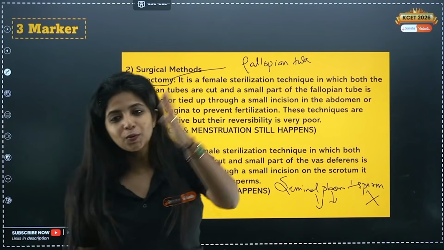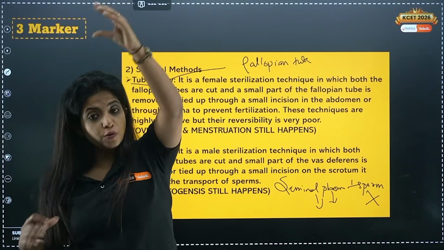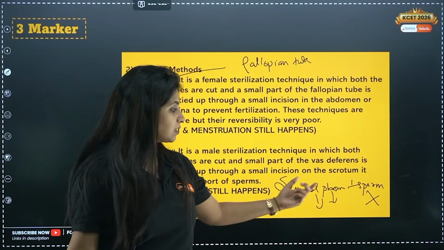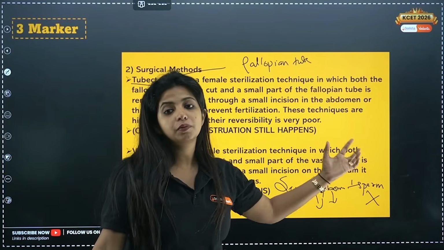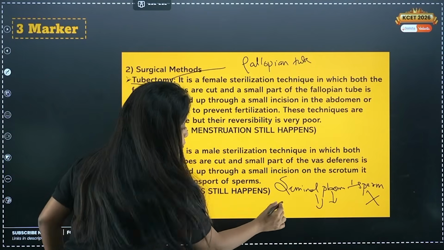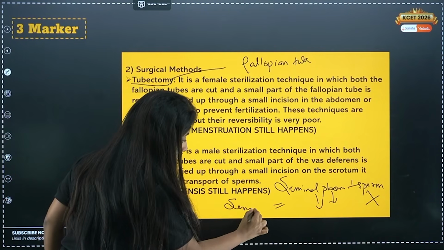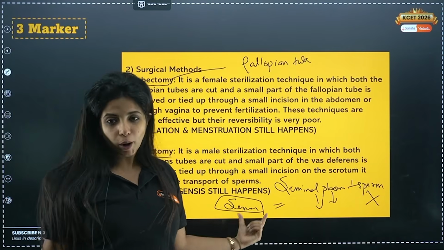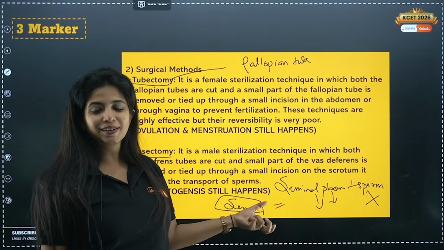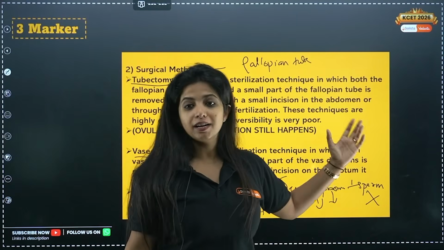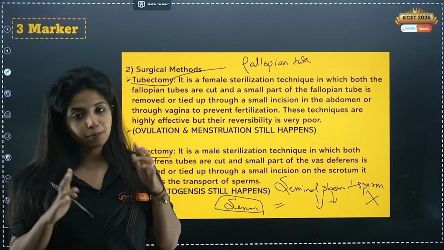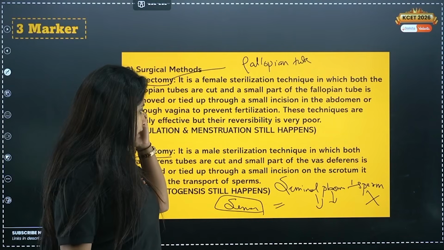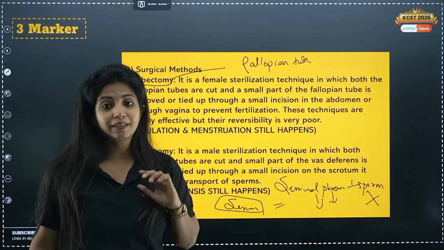Sperms cannot come through, so they could not reach the accessory glands, which is why the accessory glands will still produce seminal plasma, but sperm is not going to be there. Both of them together we call semen. But here we say, according to your NCERT, semen is being produced, but without sperm. So spermatogenesis is happening, please remember that, but sperm is not going to be there in the semen, and it has a very poor reversibility rate as well.